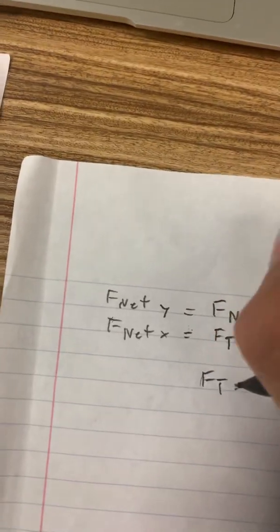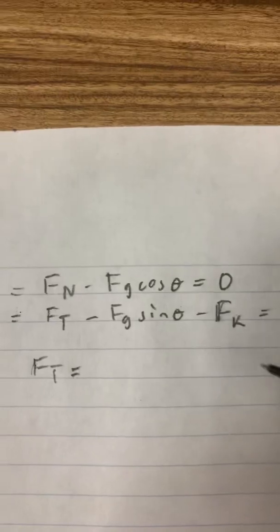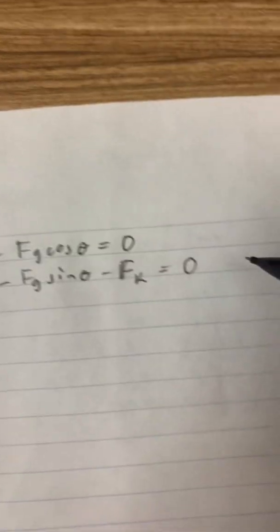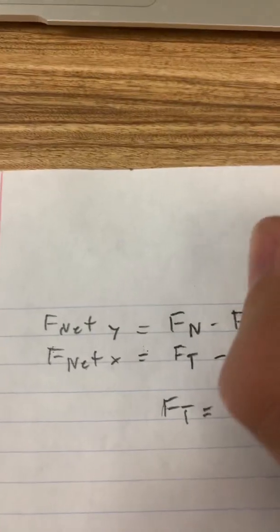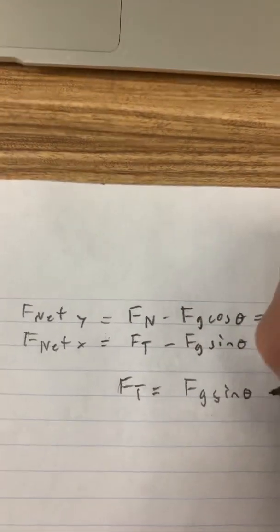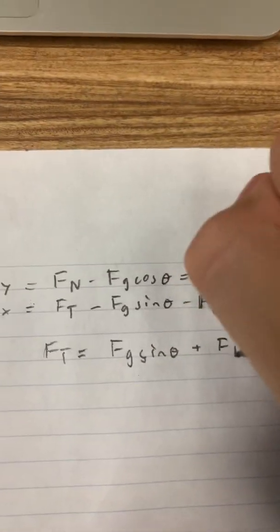If we add Fg sine theta and Fk onto this side, we'll find that Ft is equal to Fg sine of theta plus Fk.